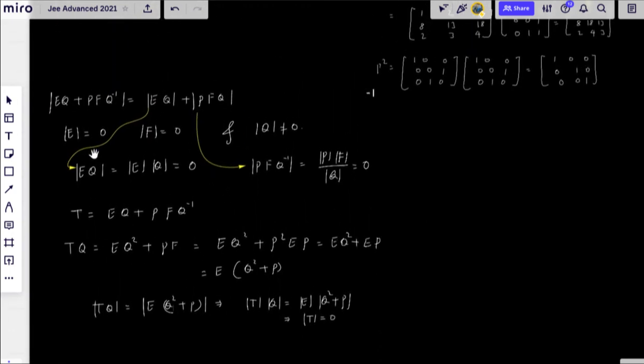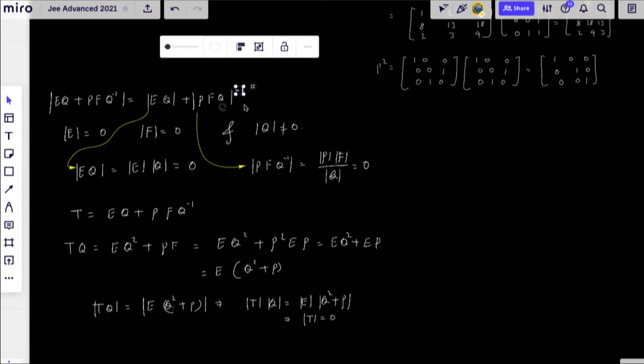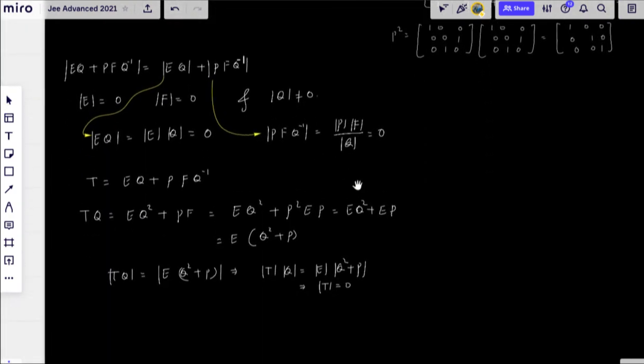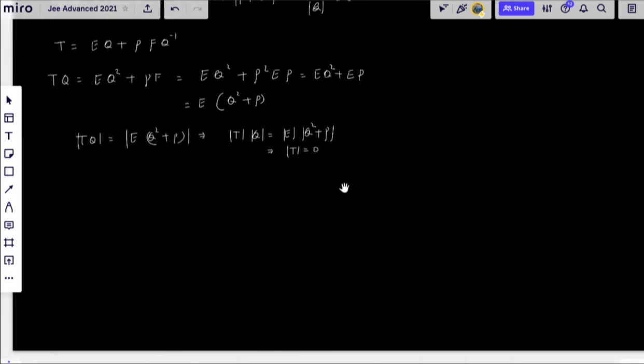This is perhaps PQ inverse. So PFQ inverse, we have to clear. That is Q inverse, PFQ inverse. Okay. Fine. So that is PFQ inverse. It is given to us here. So PFQ inverse, we have evaluated.